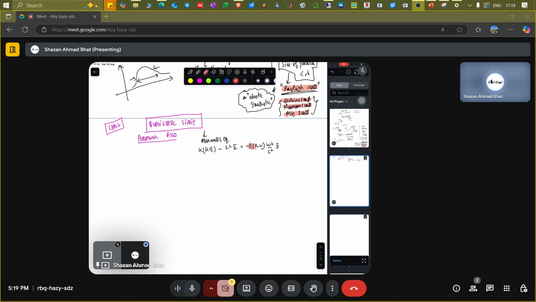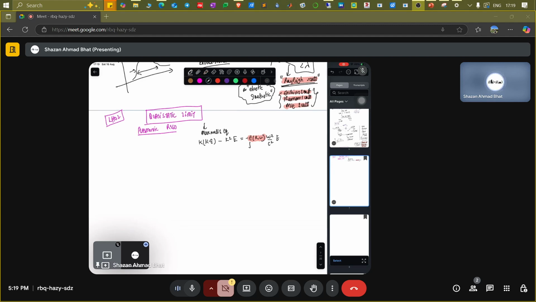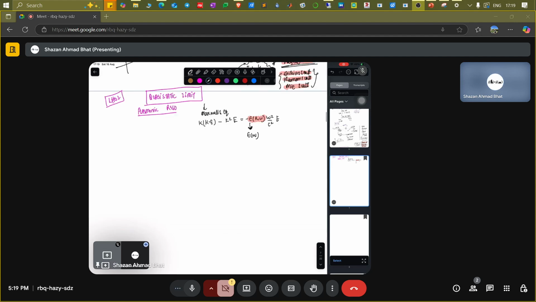You can neglect for the time being that this epsilon is a k-dependent thing. Just consider this epsilon to be only frequency dependent. That is reasonable because epsilon as a k-dependent thing is mostly relevant for very small sizes, say sizes less than 2 nanometers or 1 nanometer.